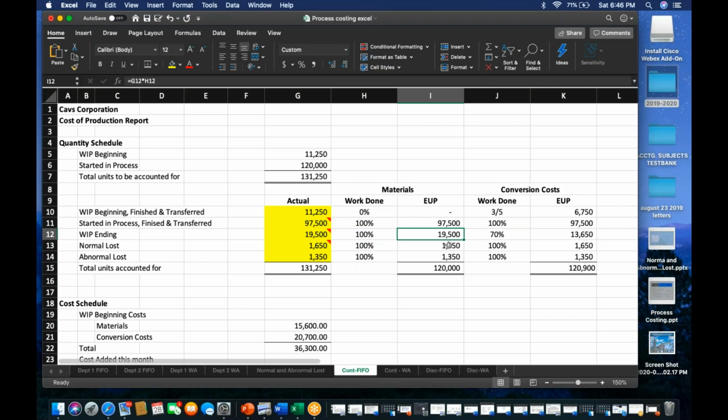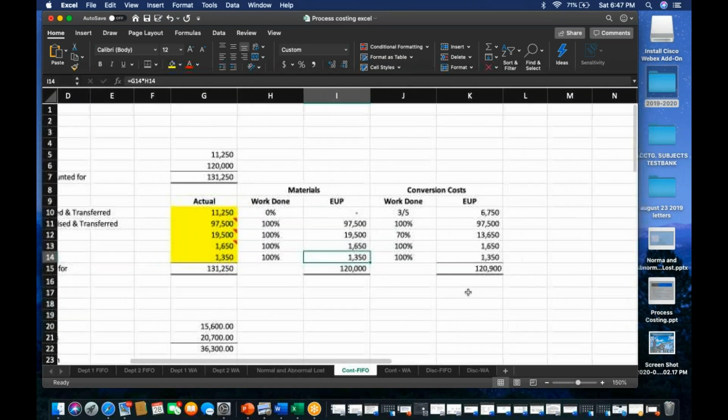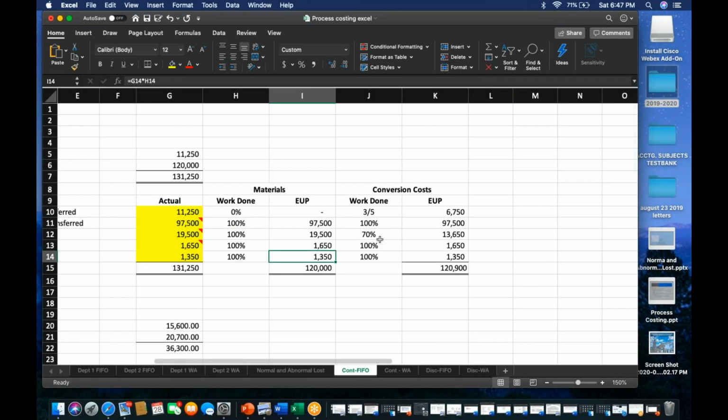Okay? So 1,650 and 1,350. Yun ang mga ating conversion cost. We still have to apply 3/5 for our beginning work in process. So 6,750. That is 11,250 times 3/5 equals 6,750. Started, finish, and transferred is 100%, 97.5. For the work in process end, ang work to be done sa kanya is 30, so therefore the work done is 70%.